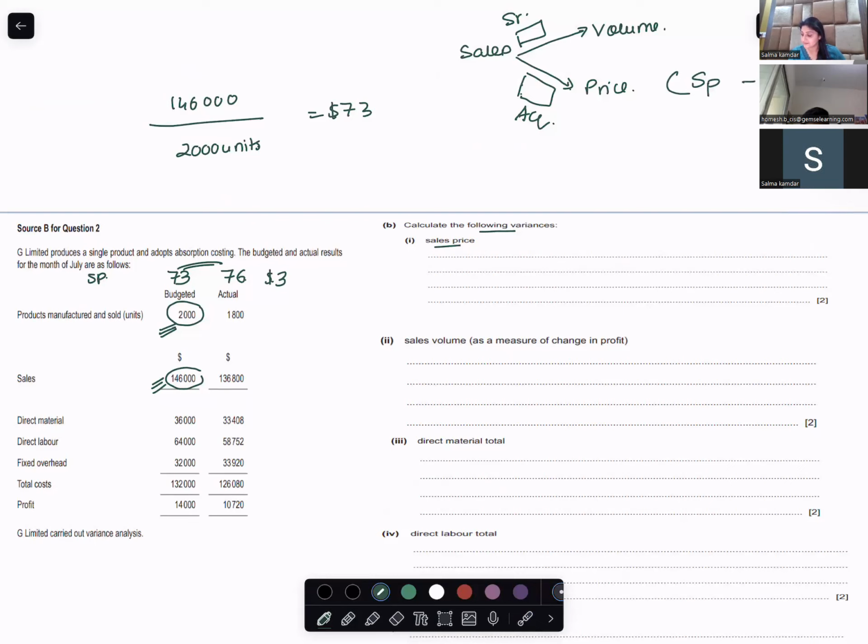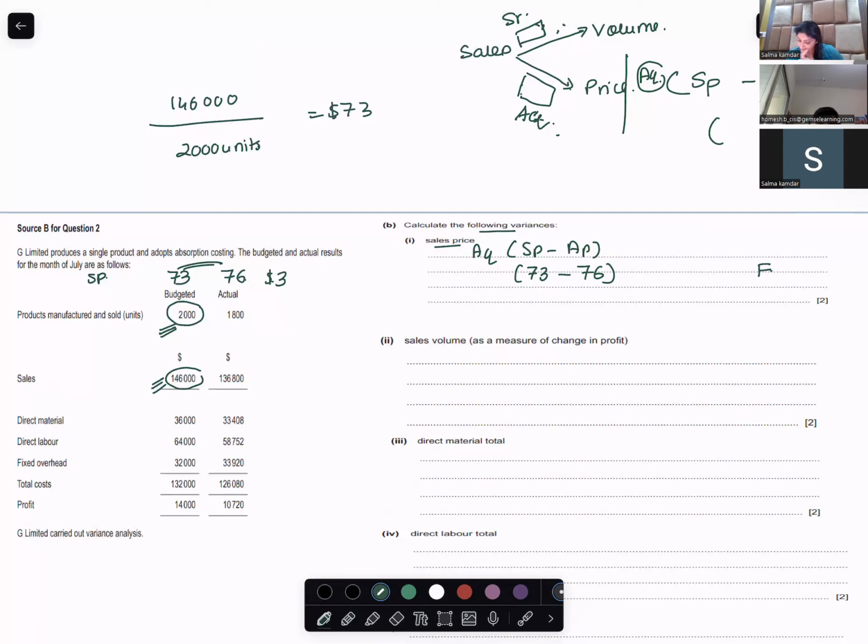Standard rate minus actual rate into the actual quantity. So SR and AQ. You had expected to sell at how much? Our budget was 73. You had expected to sell at 73, but you sold at how much? 76. So this would be a favorable answer.